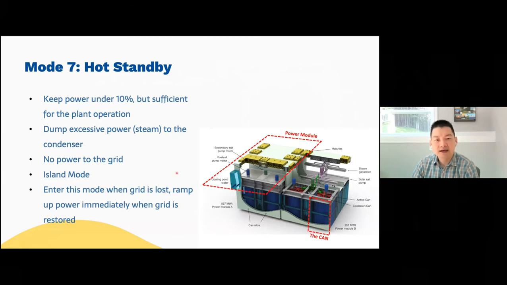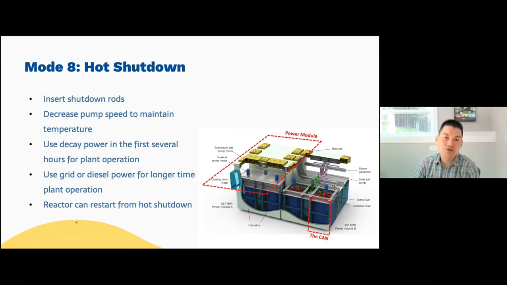The benefit of entering this mode is we can ramp up power immediately when the grid is restored. So in this mode, if there's a need for power, we can ramp up immediately. This is mode 7, called hot standby.